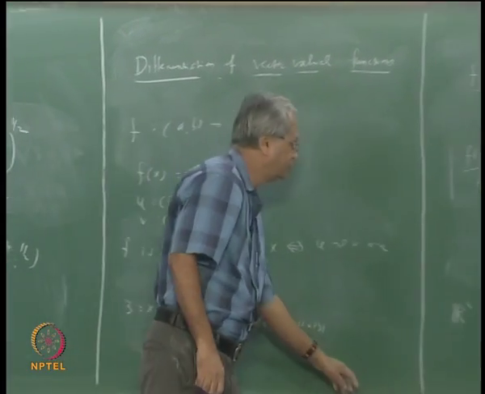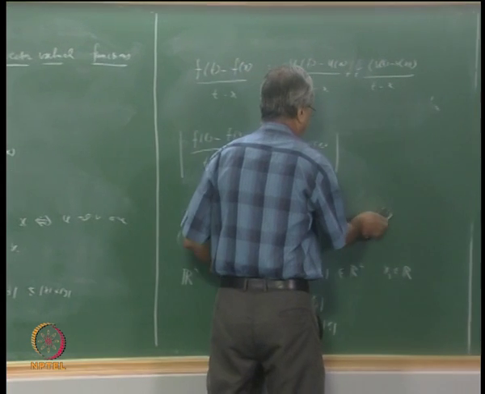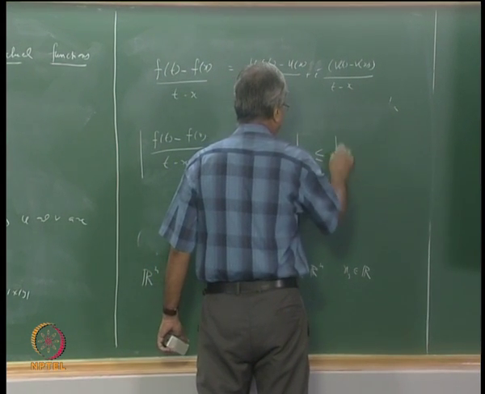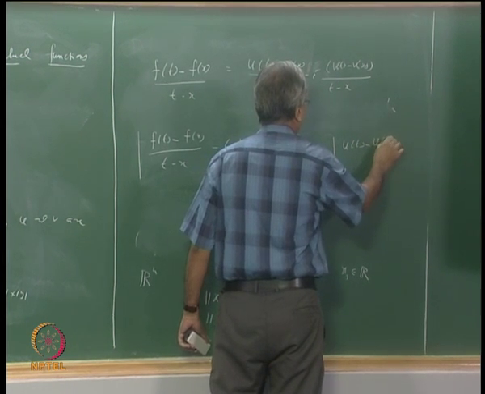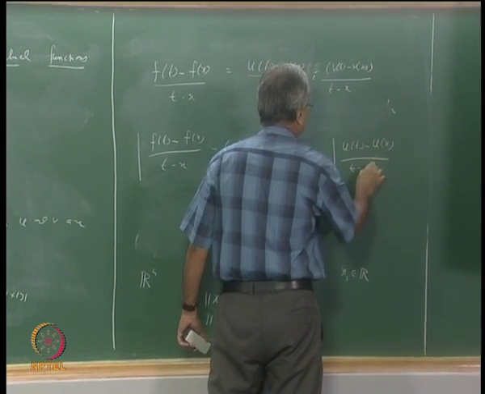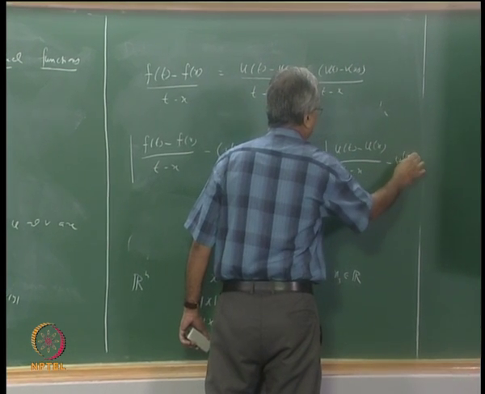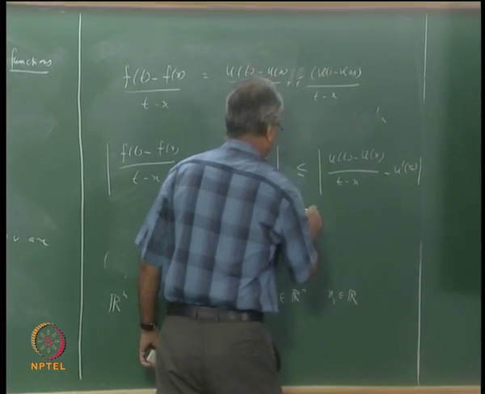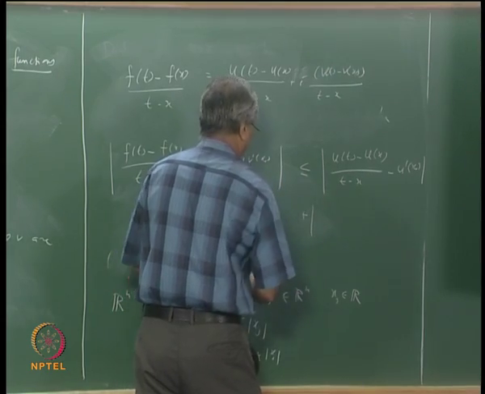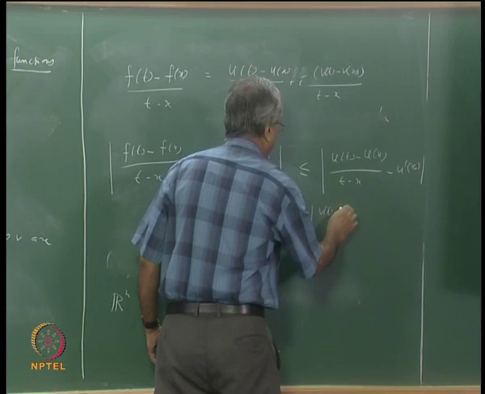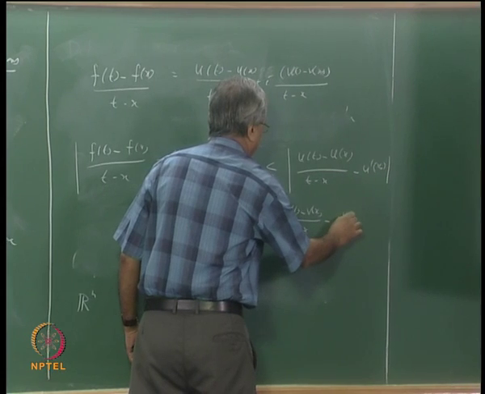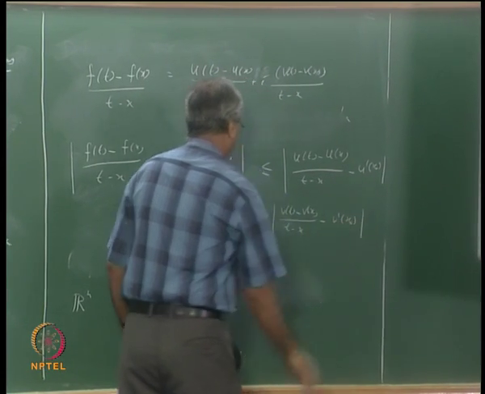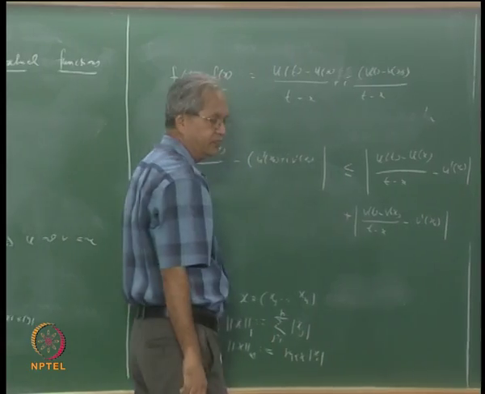So what one can say is this is less than or equal to |u(t) minus u(x) divided by t minus x minus u prime x naught| plus |v(t) minus v(x) divided by t minus x minus v prime x naught|, okay.